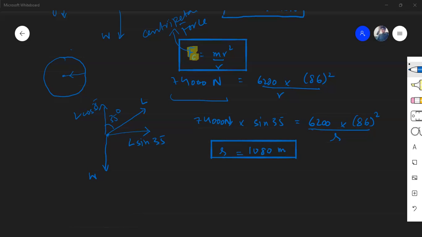I think that's a different question. I think this question is done till here, and the next question is of a satellite. Is that correct?